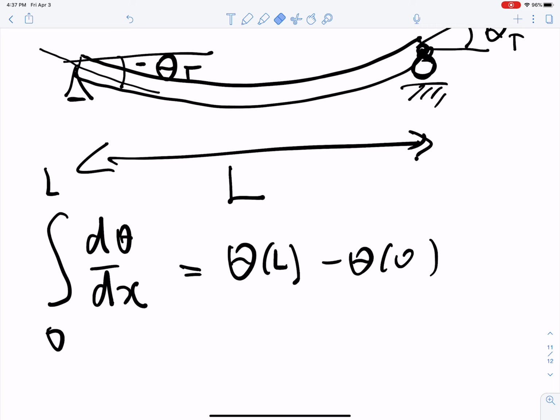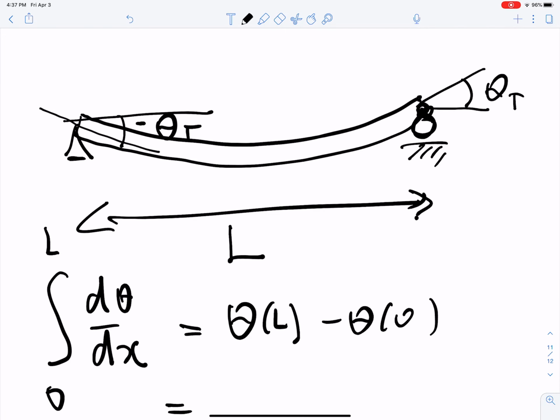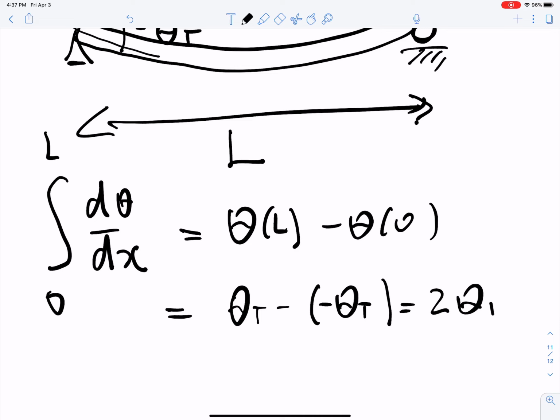But theta at 0 is minus theta t, and theta at L is theta t. So it's the same thing as theta t minus theta t equals 2 theta t.